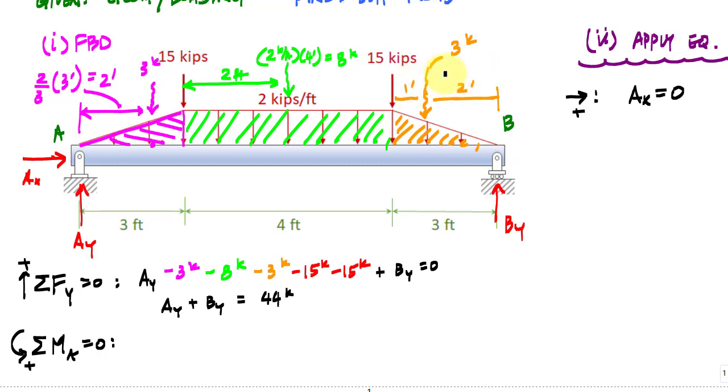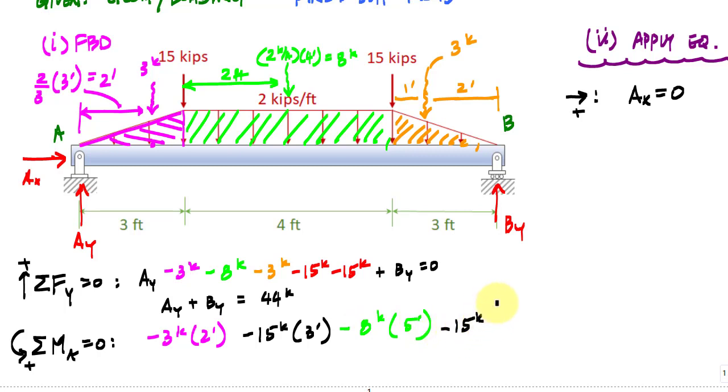And so when I apply the sum of the moments about point A, I'd have this 3 kip purple force resultant causing a negative moment: negative 3 kips times 2 feet as the arm, minus the 15 kips times 3 feet, minus the 8 kips times 5 feet, minus the 15 kips times 7 feet, minus 3 kips times 8 feet, plus BY times 10 feet equals 0.